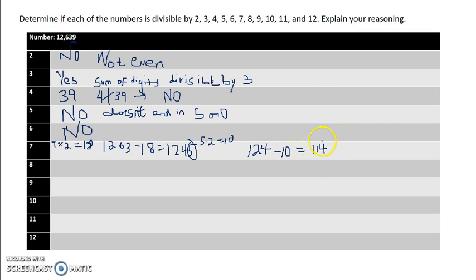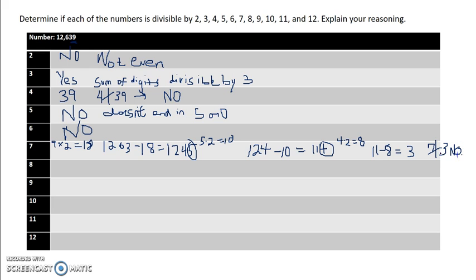So I'm going to take 4, double it. 4 times 2 is 8. And I'm going to subtract 8 from 11, the number that's left. When I do that, I get 3. Since 7 does not divide 3, my answer here is no.